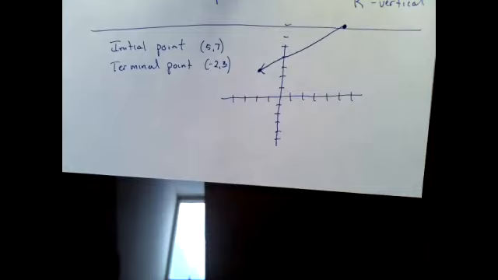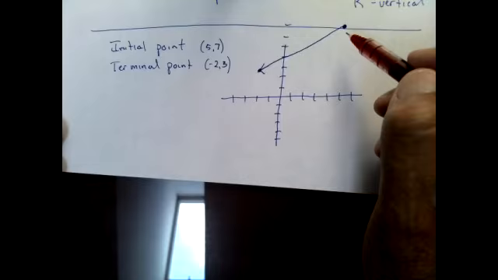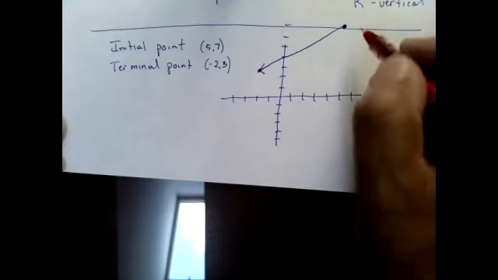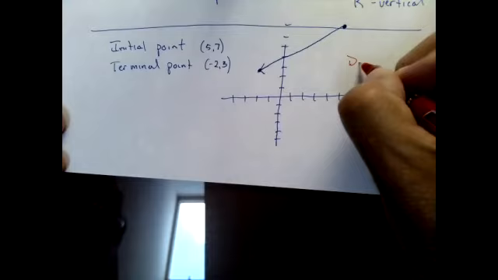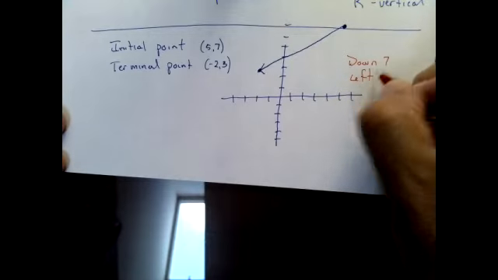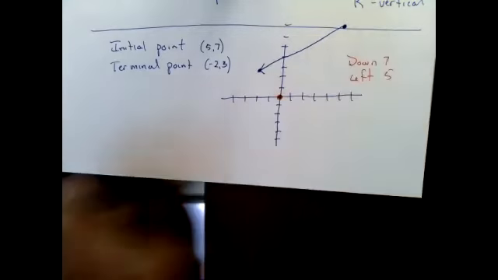There's an algebraic way, but you can also go in reverse. I'm going to go down 7, and then left 5. That's going to move that to here.